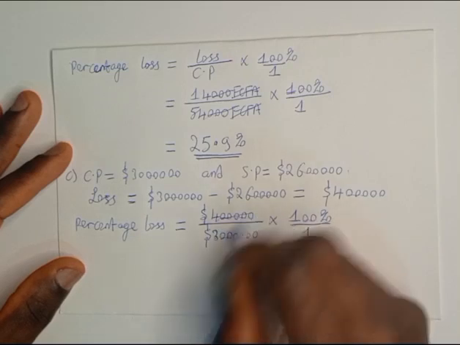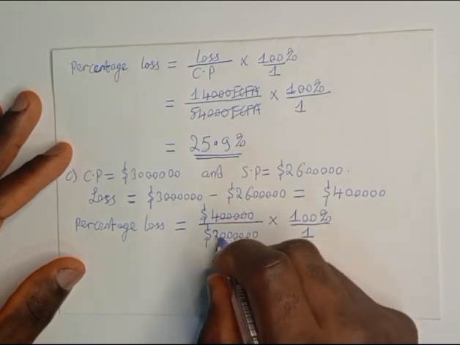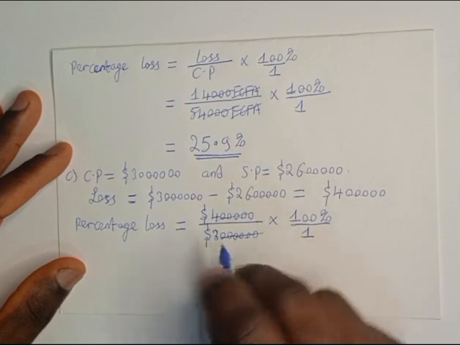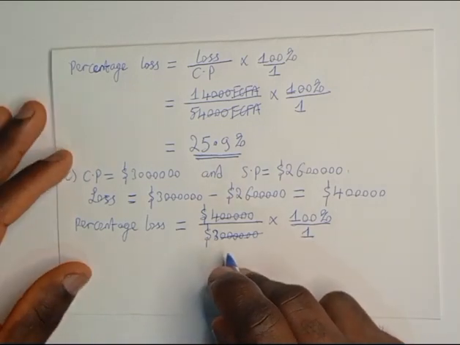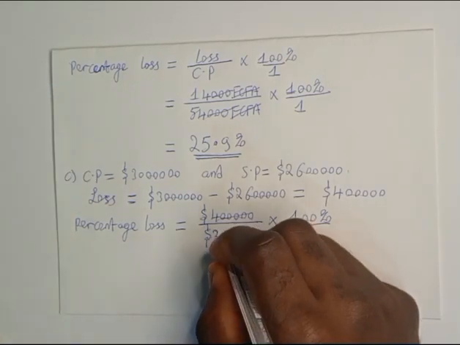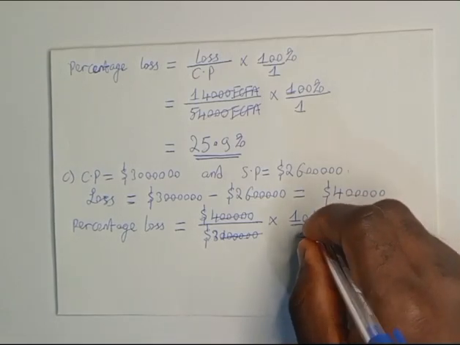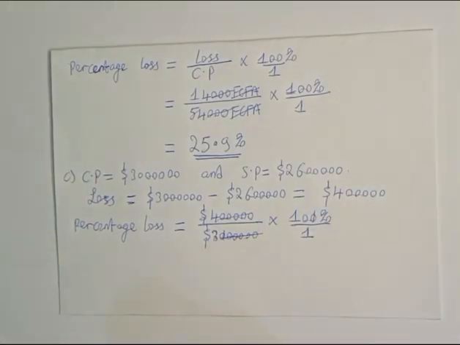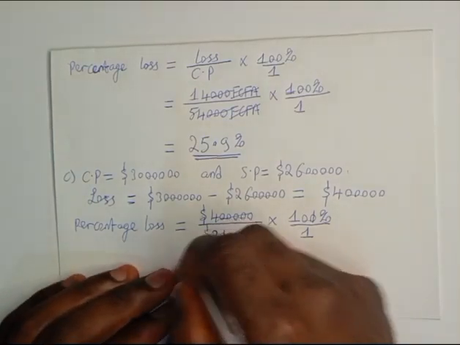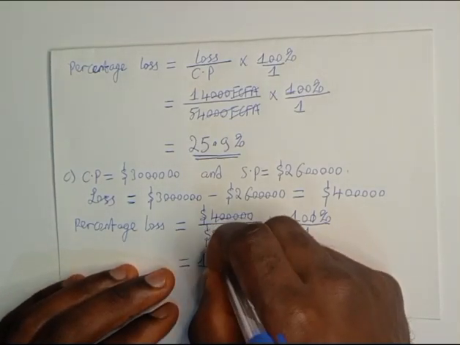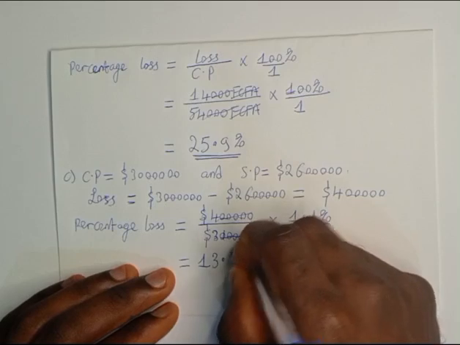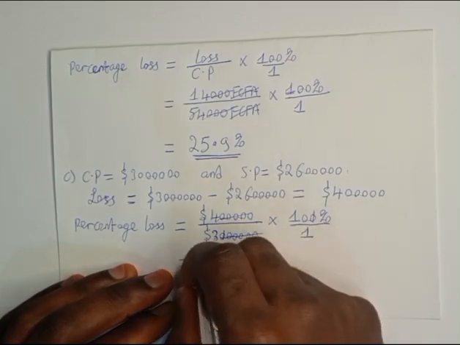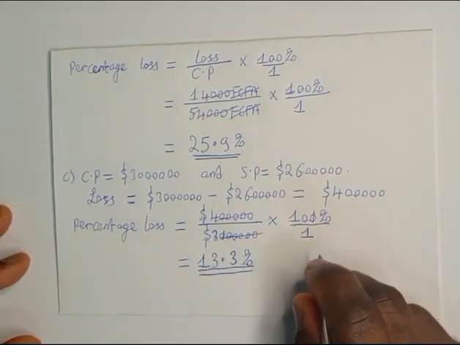The 5 zeros in 400,000, we strike off 5 zeros in 3 million. 1 zero in 3 million, we strike off 1 zero in 100. 4 divided by 3 gives us 1.33 times 10. It gives us 13.3%. So this is the percentage loss.